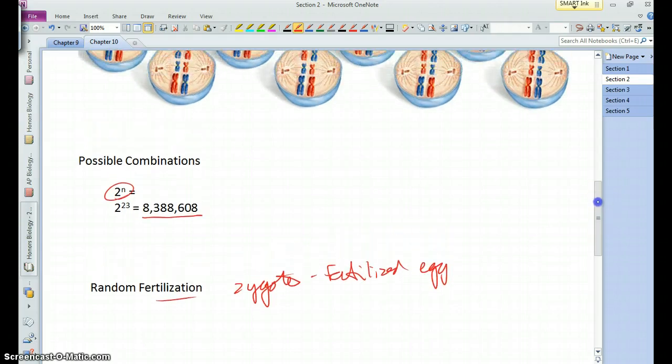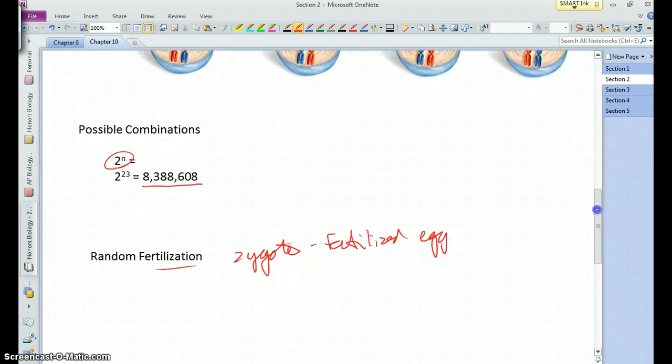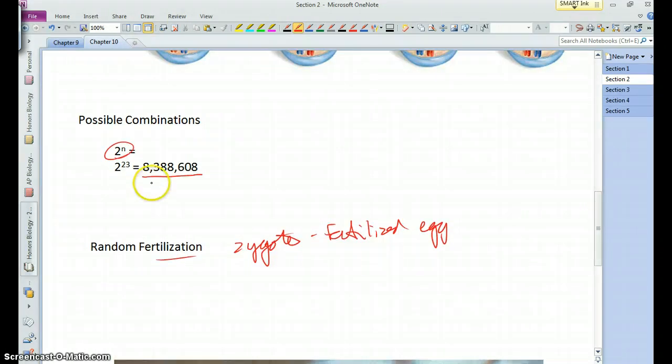And so you'll have the gamete from mom, the gamete from dad getting together, and when you've got over 8 million possible combinations from dad and over 8 million possible combinations from mom, essentially, and I'll let you do the calculation, you have that many possible combinations. You square that number, and it's greater than 70 trillion, I believe, possible combinations.